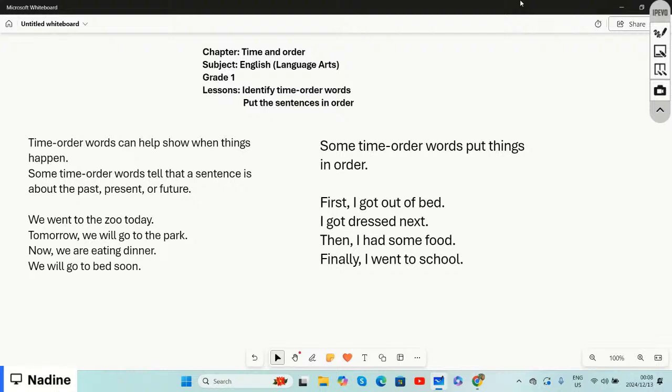So everything that you are telling us that you're doing in a period of time basically shows the time order. It can be in order of how things happened, or it can be based on the things that you did, are doing now, or will be doing.